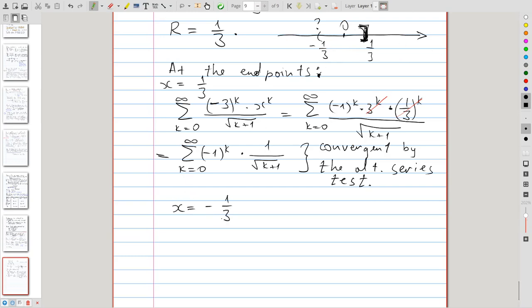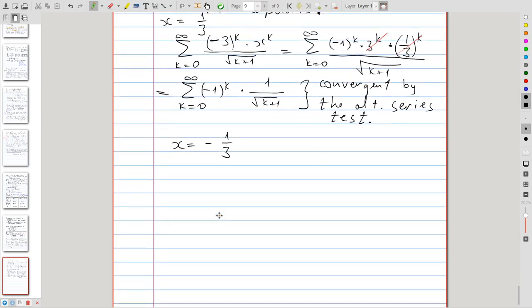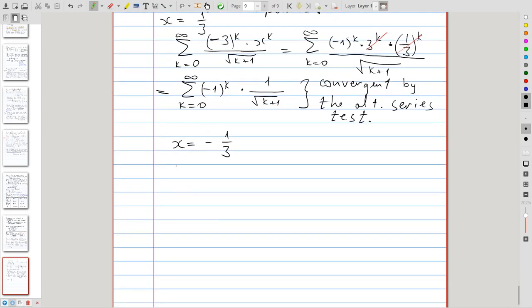minus 1/3. For this value, the series, which had the form we wrote over here, will be the following. So first let us again rewrite minus 3 to the k as minus 1 to the k times 3 to the k.